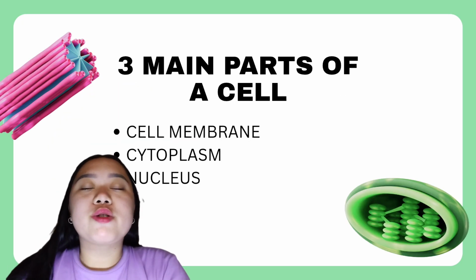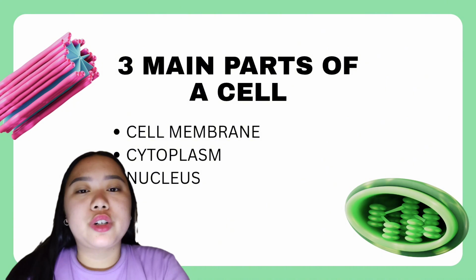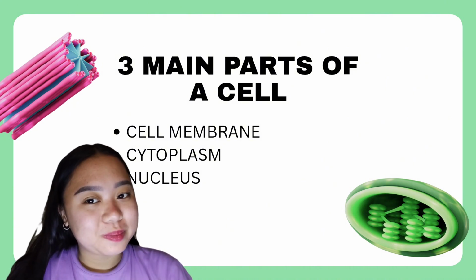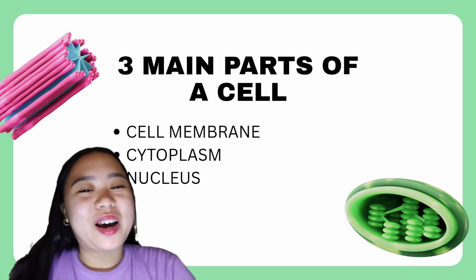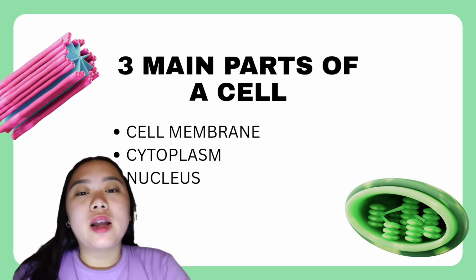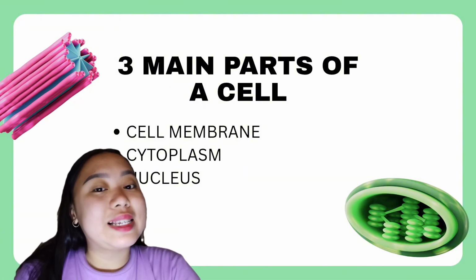Before we proceed to the types of the cell, I have a question. What is a cell? Okay, very good. A cell is the smallest unit of life. But I have two more questions. What part controls the cell?